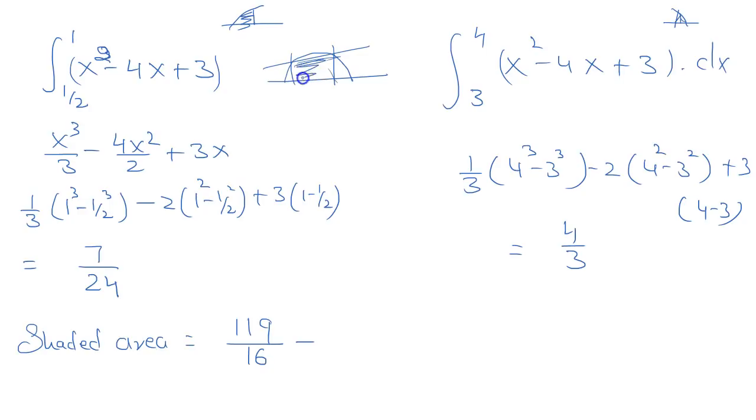So the shaded area is this, we have to remove this area from there, so this will be minus 7 over 24 plus 4 over 3. So that will be equal to, if we simplify, it will be equal to 93 over 16.